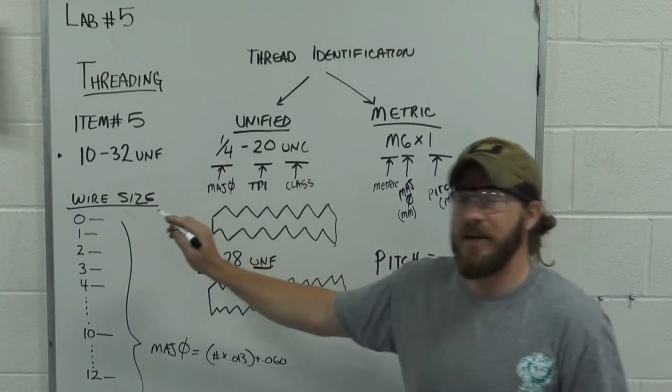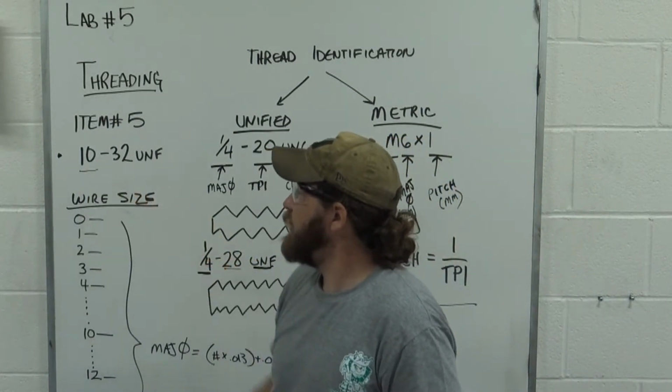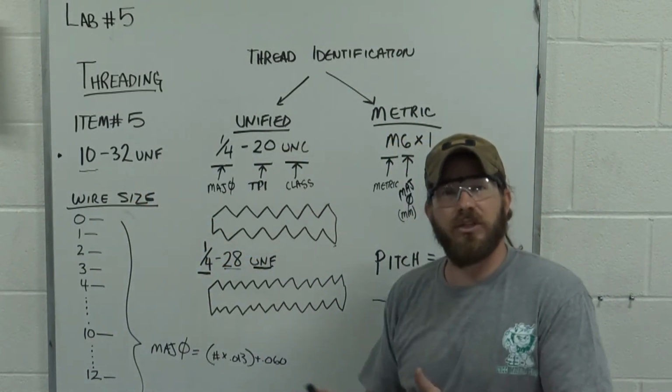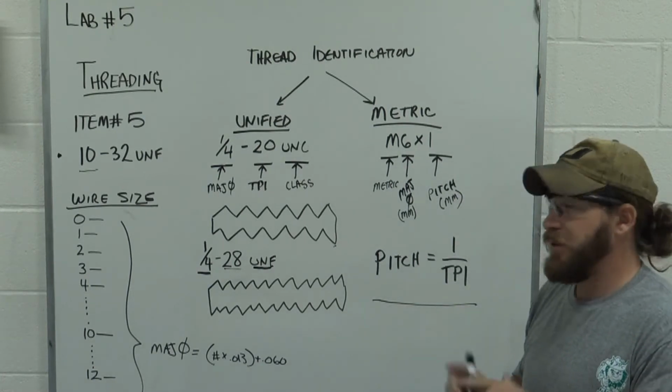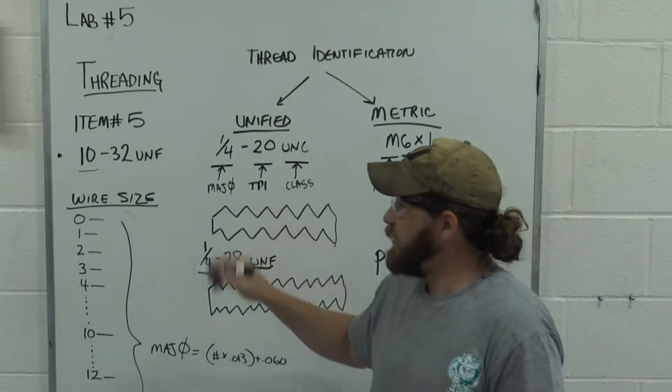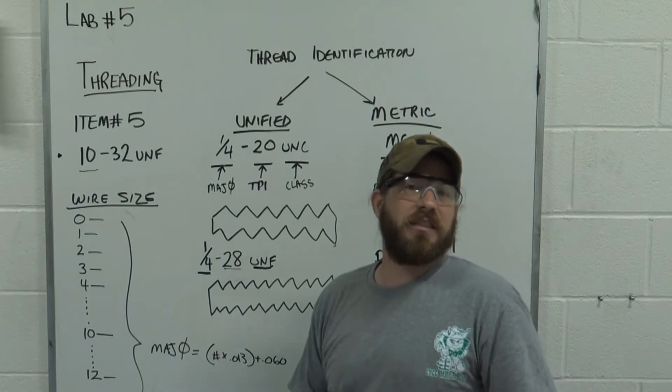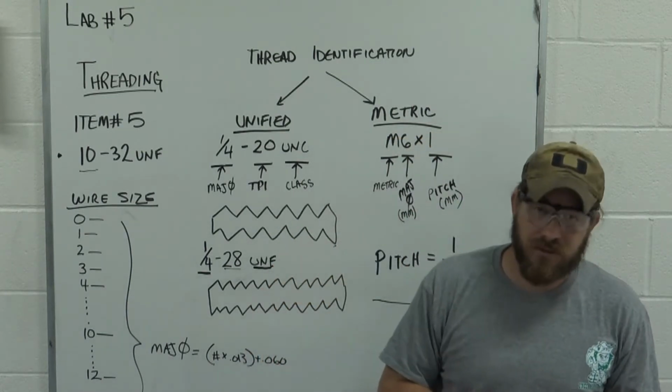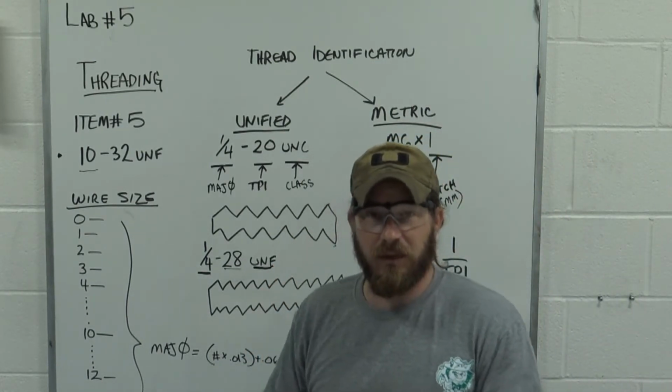So what does this 10 mean? Well, I said that was your major diameter, right? Your diameter in inches. But certainly we're not making a 10-inch diameter thread, are we? That wouldn't even fit on this little air engine.